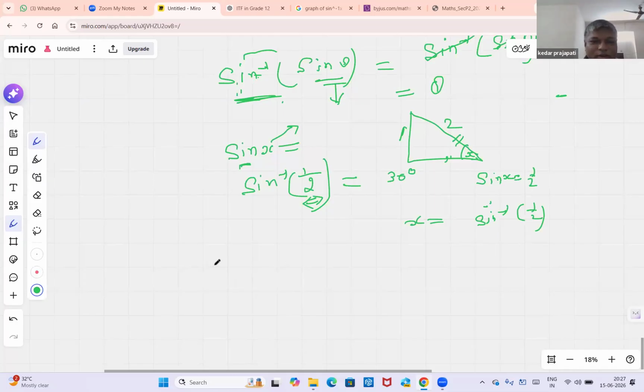I will just see here, this is sine inverse 1/2. So what is the angle for which sine value is 1/2?